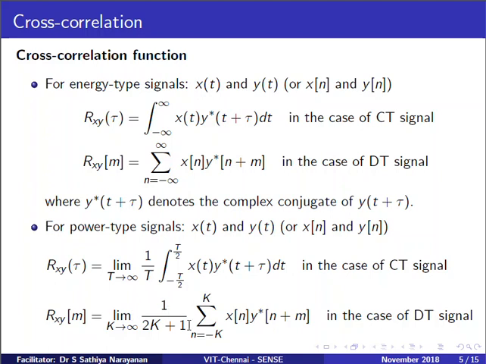Here it is 1 divided by 2K plus 1 because from n equal to minus K to K there are 2K plus 1 values for n.